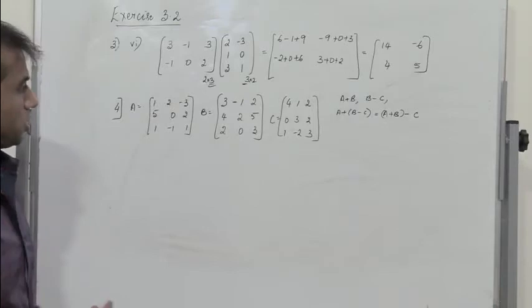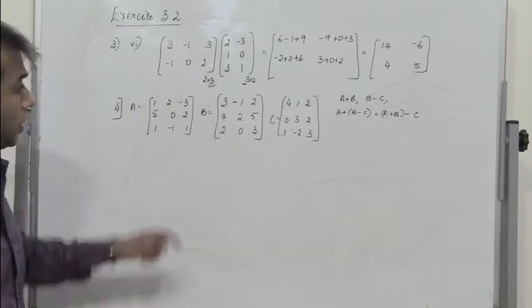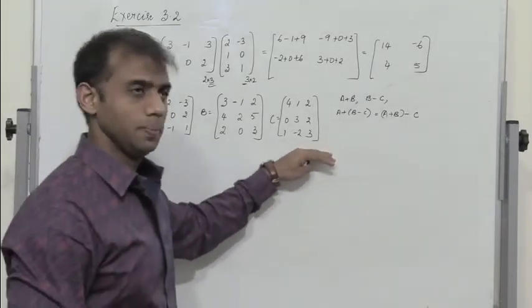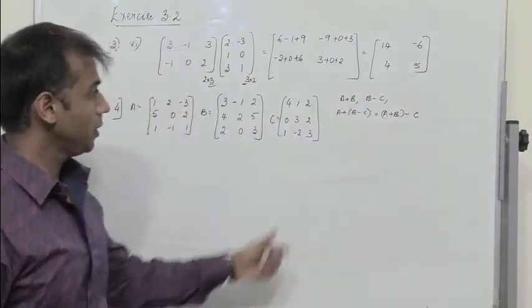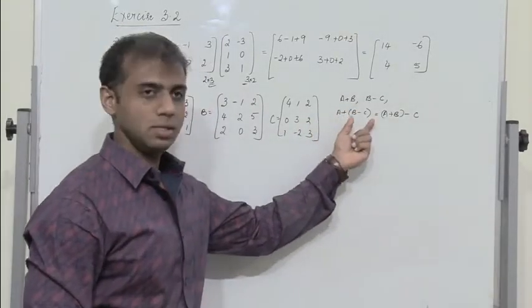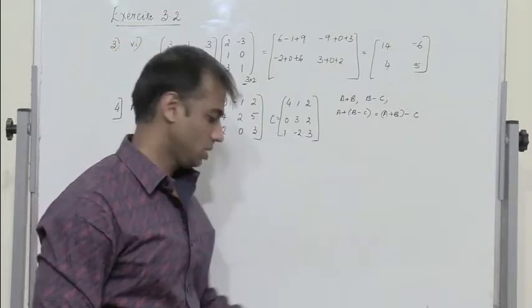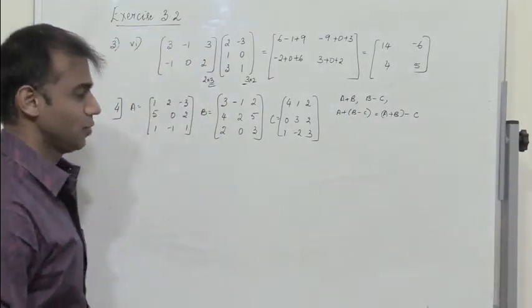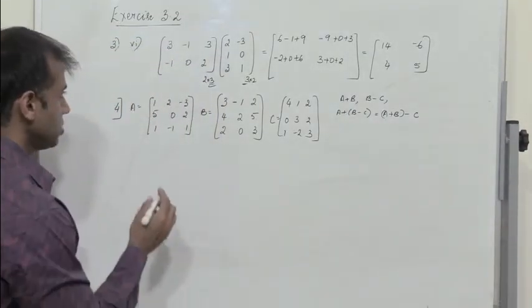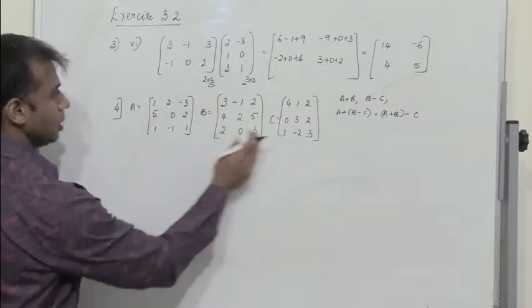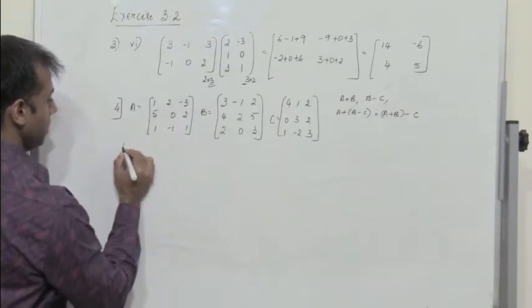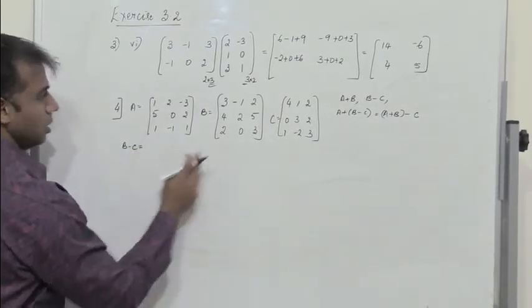So given 3 matrices A, B, C, all of them are of order 3 cross 3. Okay, so we need to find A plus B and B minus C and verify A plus (B minus C) is equal to (A plus B) minus C. So we need to verify the associative law. Right? So let me first write B minus C. What is B minus C?